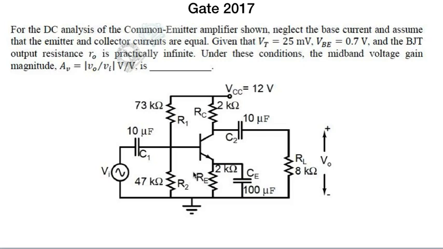First of all, we have been given VT and VBE. Ro is practically infinite, which means it will not affect our calculations. We need to find the midband voltage gain Av, which is V0 by Vi.